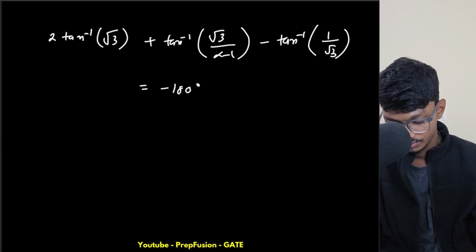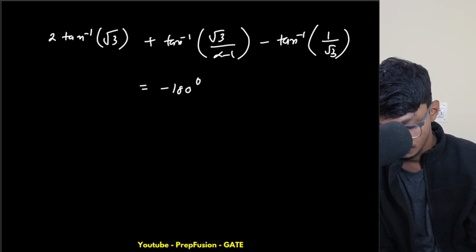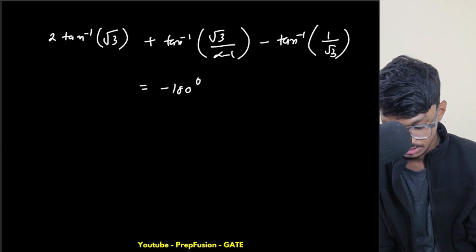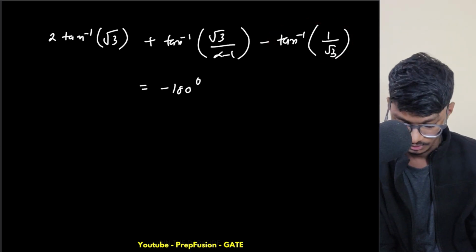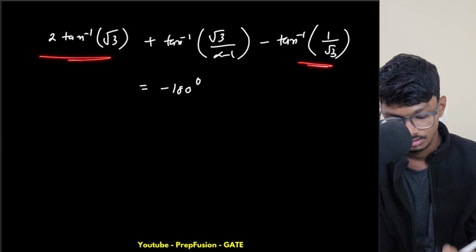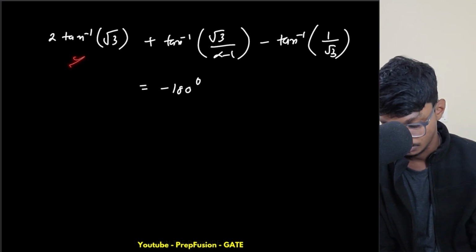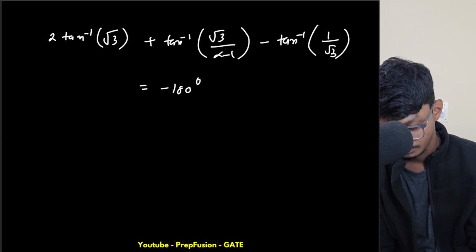Okay, now if you just equate it, what is root 3? Tan inverse root 3 is 60, and this is 30. So 120 minus 30 is 90. Okay, so this is 90.